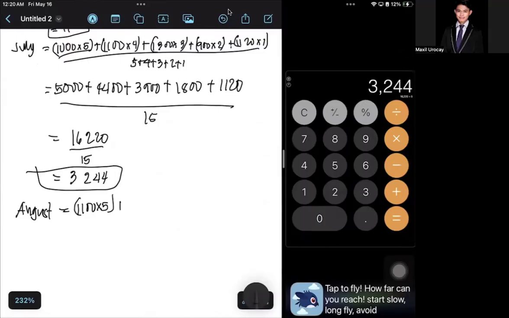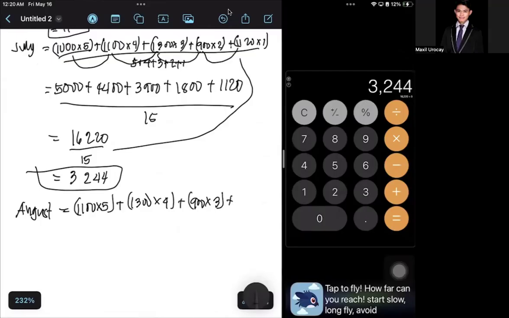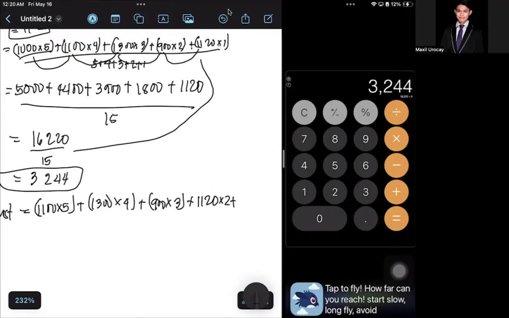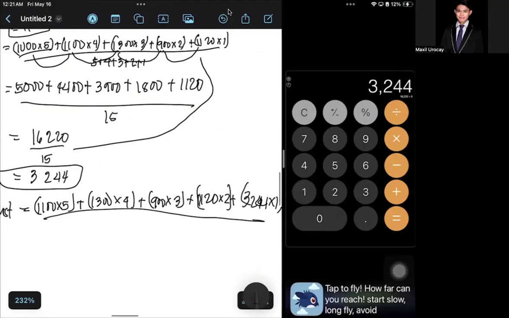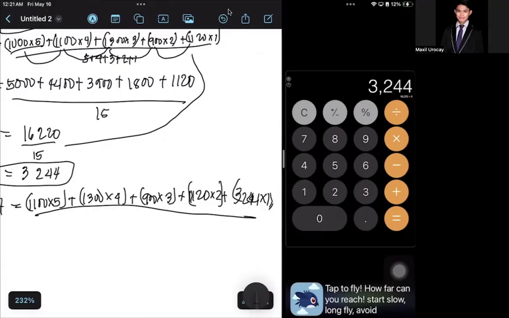Then next will be 1,300, because you shift everything over, so 1,300 times 4, and 900 times 3, plus 1,120 times 2, plus the July forecast times 1. You have to do it step by step as always, one by one, over 5 plus 4 plus 3 plus 2 plus 1.